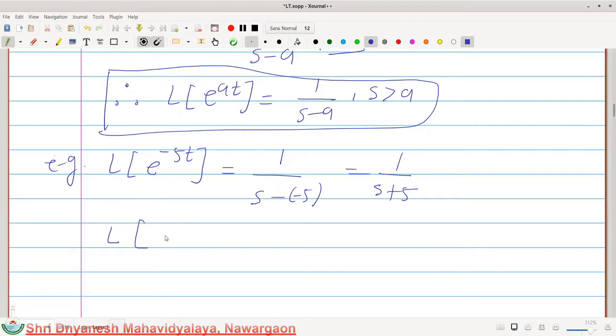One more, what will be the Laplace transform of e to the power 2t? This will be 1 upon s minus 2. If you want, you can write s is greater than minus 5, and here s is greater than 2.